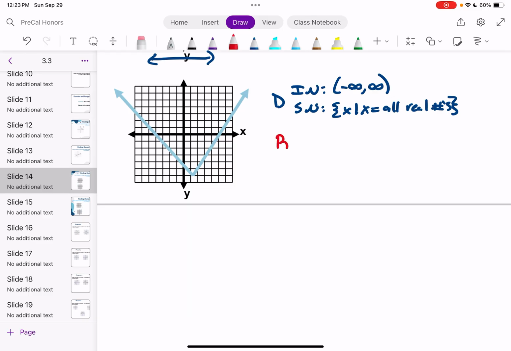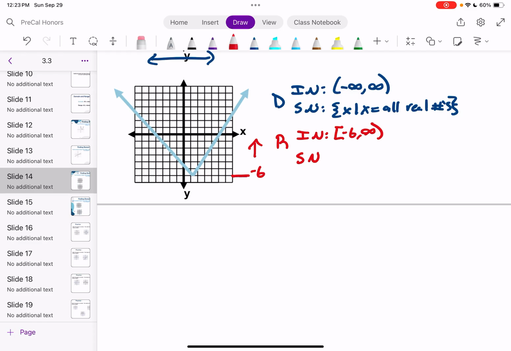Our range from this problem, keep in mind, we have a lowest point for that graph, which would be at -6, and it continues to increase, which means our interval notation would be bracket -6, because we are including the -6, up to positive infinity, which would have a parenthesis.